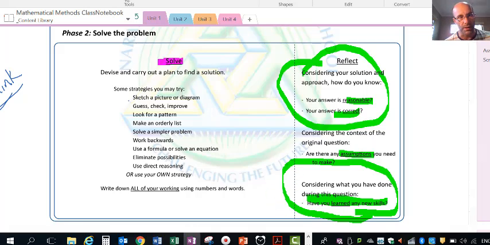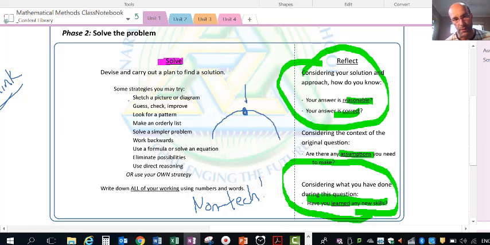What I would really like to explain is that this could have been a non-tech question. Now think of what you would have had to do if it was a tech-free question. How would you have found that point there on the graph for the function?